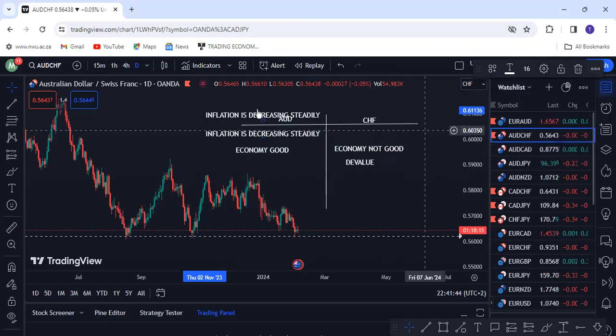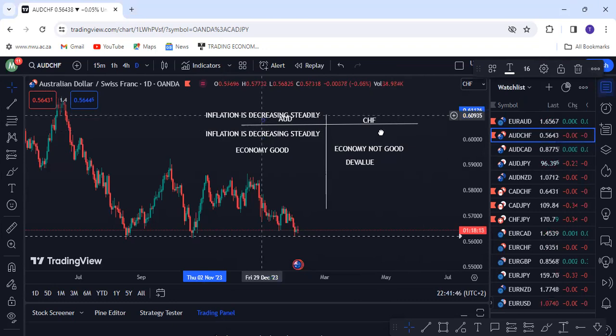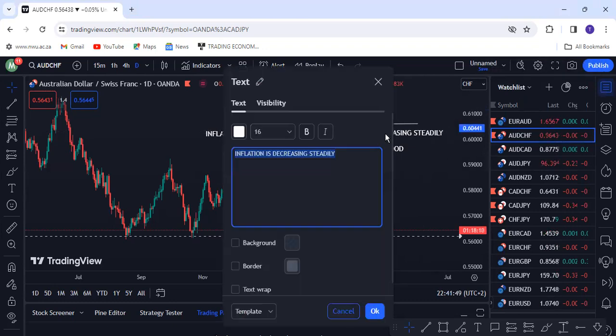Clone, yep. And then here, inflation near their 2% target. So inflation is near their 2% target.